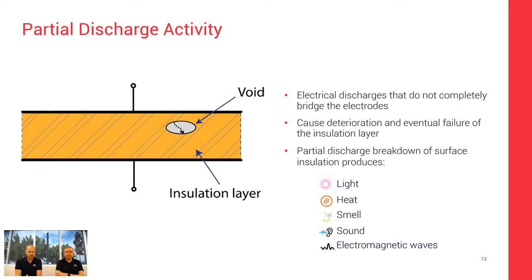A lot of the time it will be at a very large state if your senses can already pick it up. So we use instrumentation to find that. The instrumentation looks to detect ultrasonic sound waves that are typically emitted by surface activity. And we also use instrumentation to detect the electromagnetic waves given off effectively every time a spark happens.